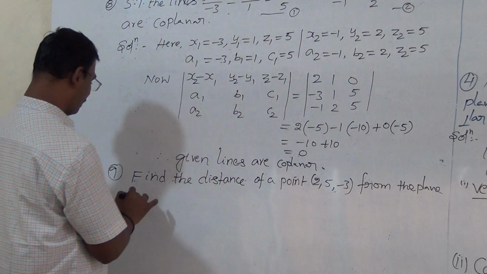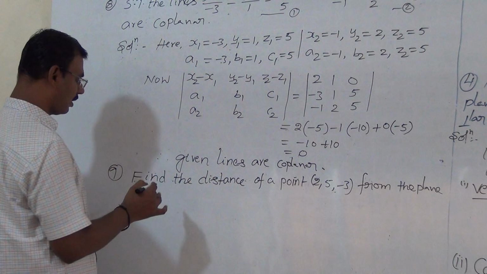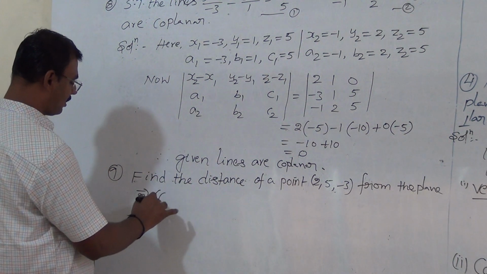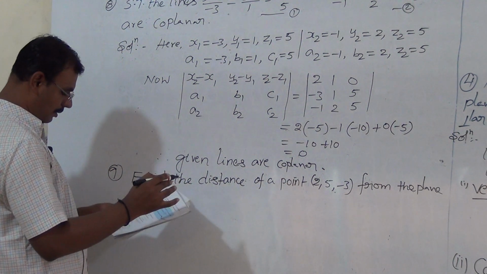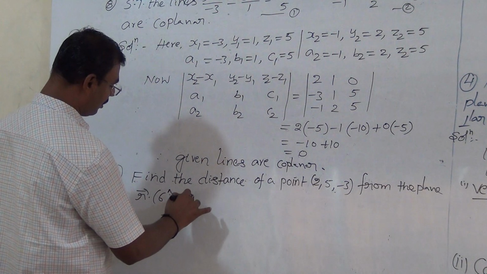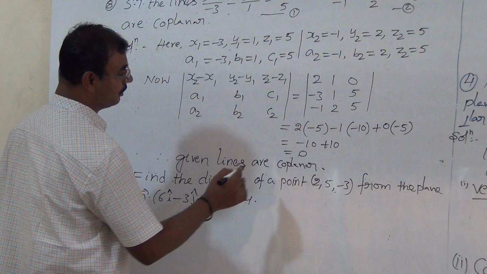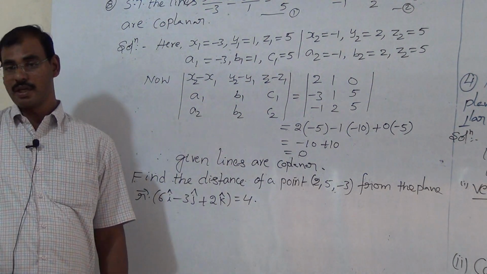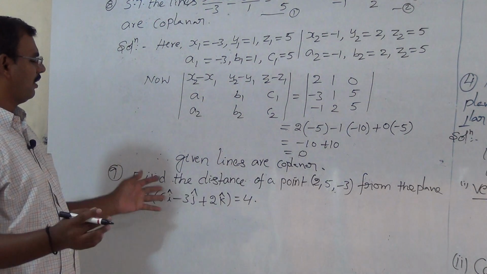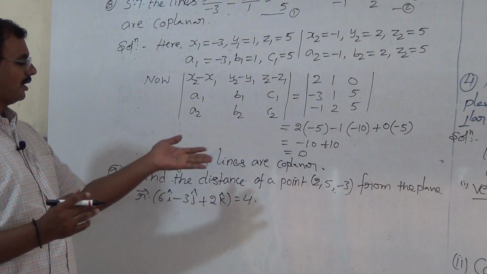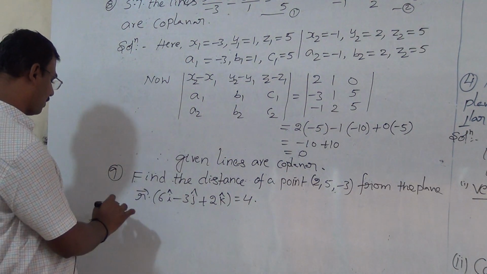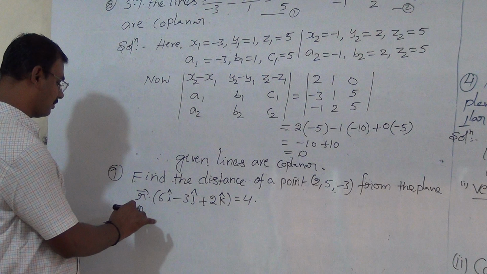r bar dot, this is given in vector form, (6i minus 3j plus 2k) is equal to 4. Okay, so the vector form is given, no problem. So we should write it in Cartesian form simply. So how to find the distance?